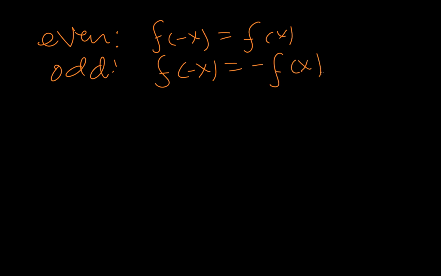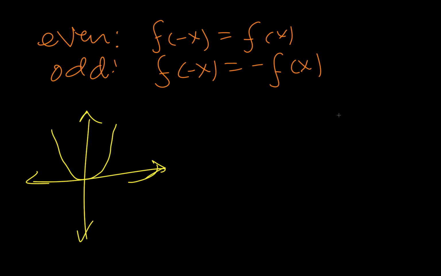Now this might seem really confusing, but visually, feel free to graph things if you ever are confused, an even function is symmetric about the y-axis. So do you see, if I use the y-axis, I could fold across and it would line up perfectly with the other half. So I fold this way, and then I just get this piece. Okay, hopefully that makes sense.